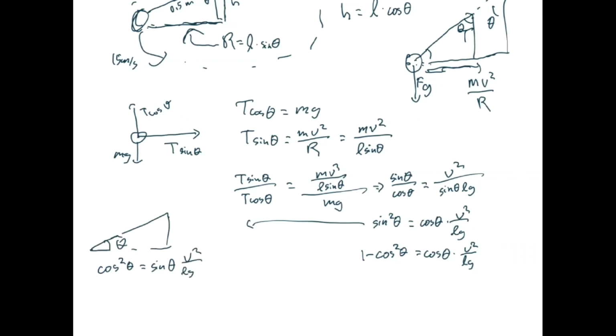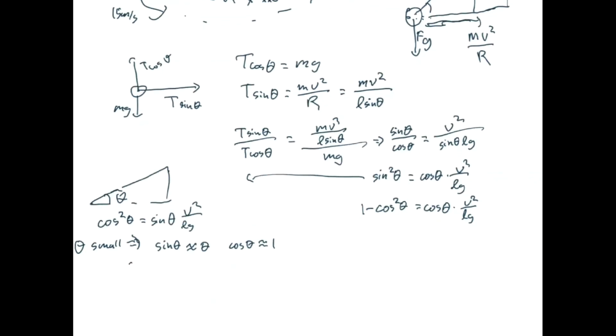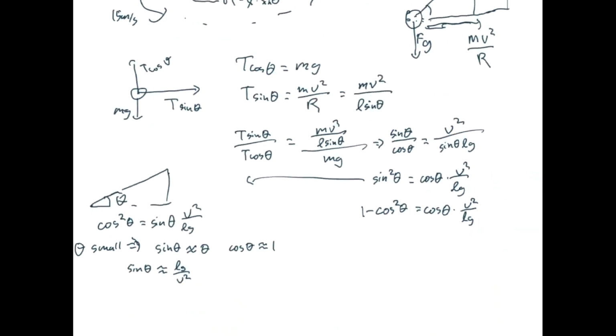And then from there, since theta is small, we can use that sine theta is approximately theta and cosine theta is approximately 1. And then we will get that sine theta is approximately Lg over v squared, and then continue as normal to find L cosine theta. And the answer you end up getting is that h equals 1.1 centimeters.